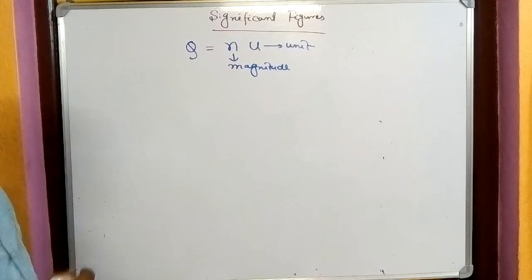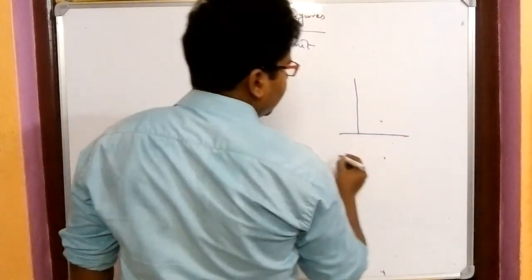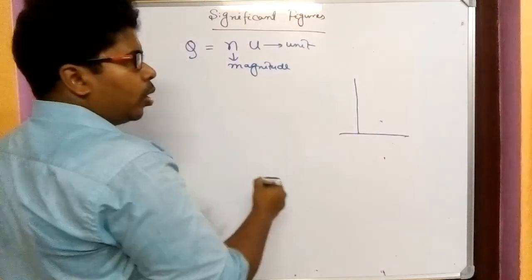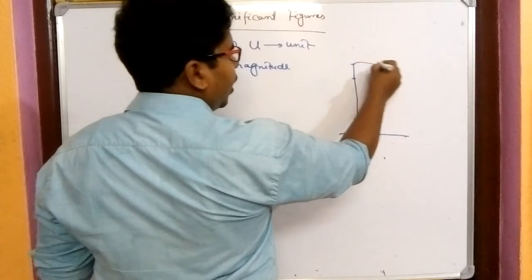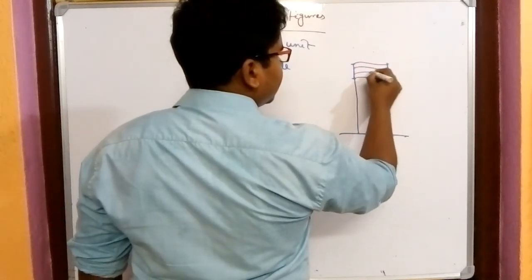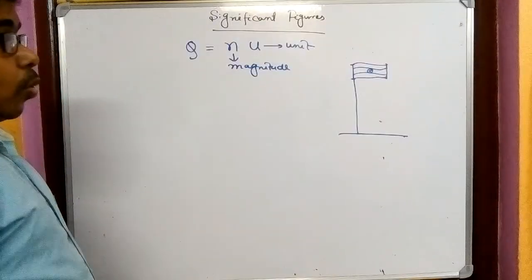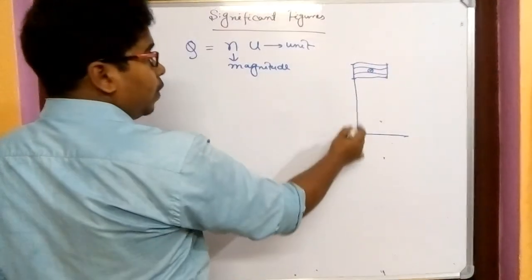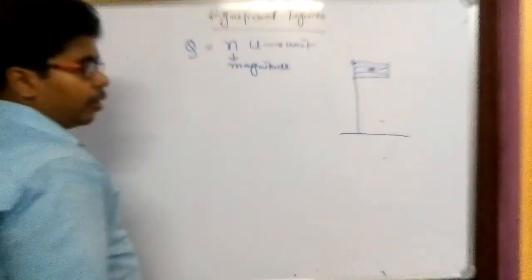I'm giving an example. Assume it's a rod, and above the rod one more stick is added, and there one flag is there. Now it is asked what is the distance of the topmost point of the flag from the ground.